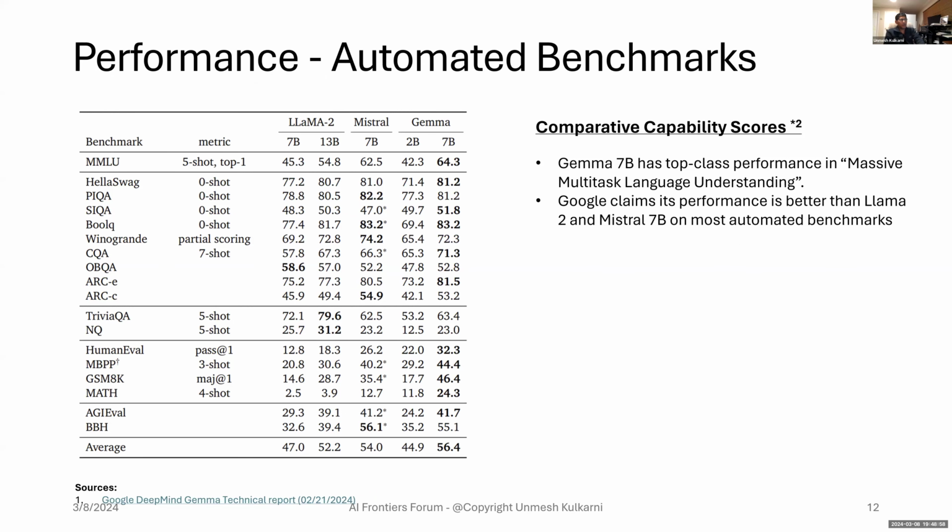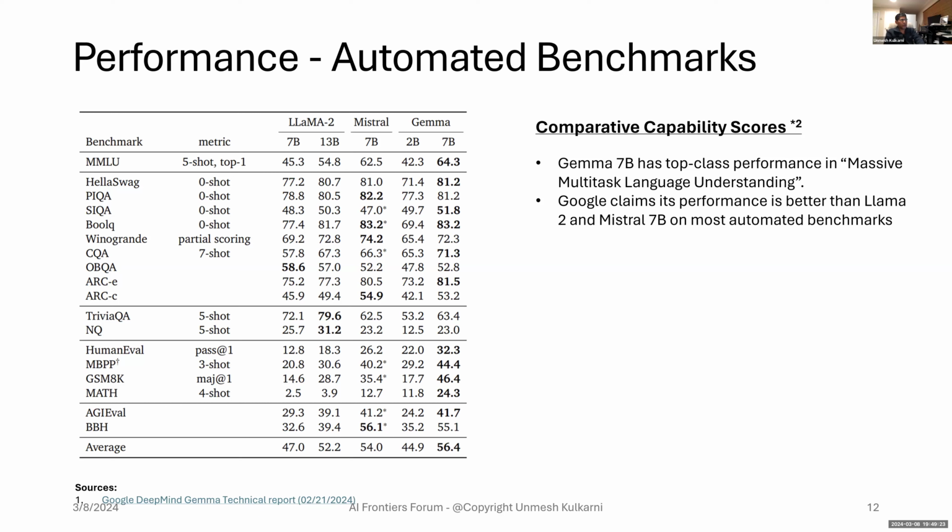Let's take a look at some performance numbers on SOTA performance on automated benchmarks. The most interesting is the MMLU, which is Massive Multitask Language Understanding. And Google claims that the 7B model is far superior to other models. The one that is close enough is Mistral, which, as we know, was the leader out there till now.